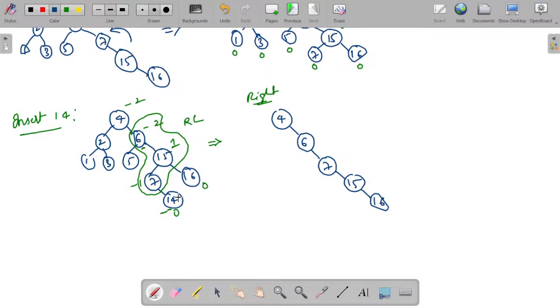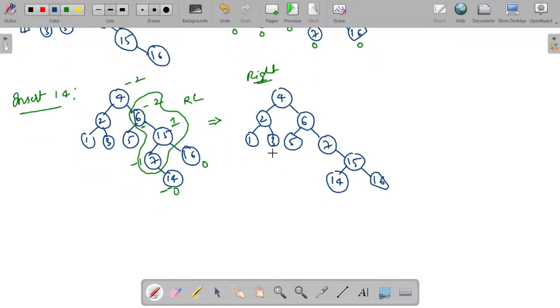So 14 should be connected to the new right child of 7, which is 15, and 14 goes to the left side of 15. 6 is having a child which is 5, and we have 2 and 1 and 3 connected. Now we have completed a right rotation.